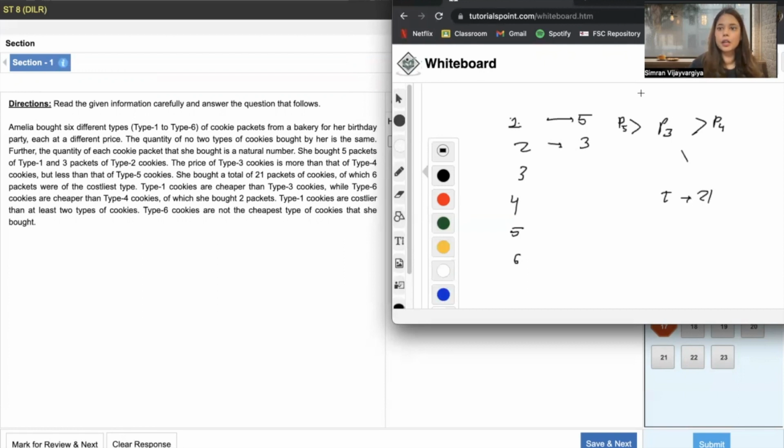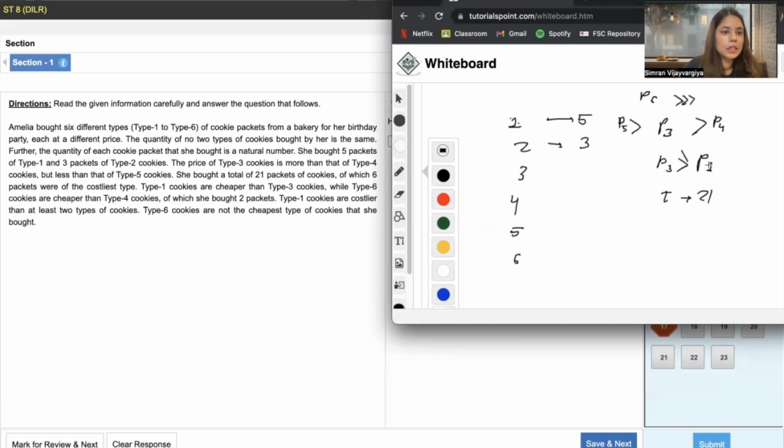P6 is greater than everything. Okay. Costliest. Type 1 is cheaper than type 3. So P3 is also more expensive than P1. Great.